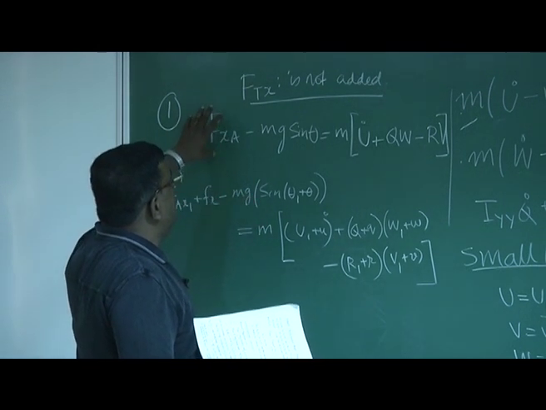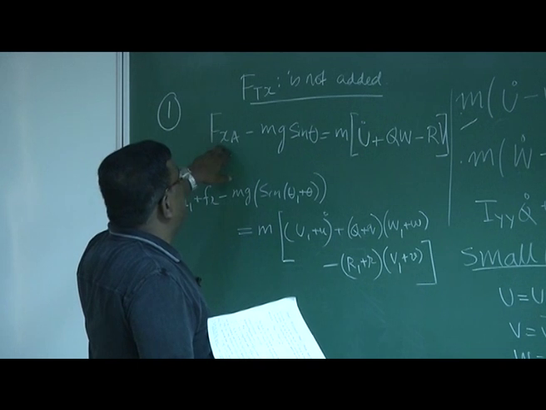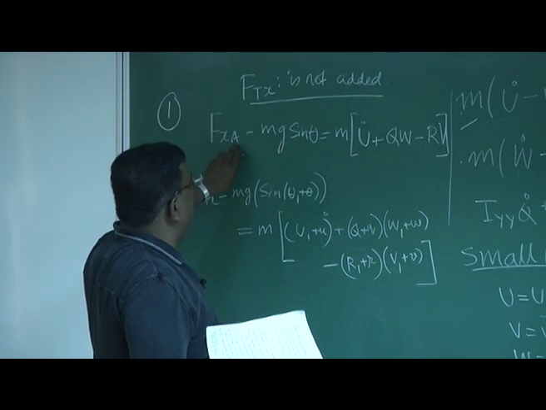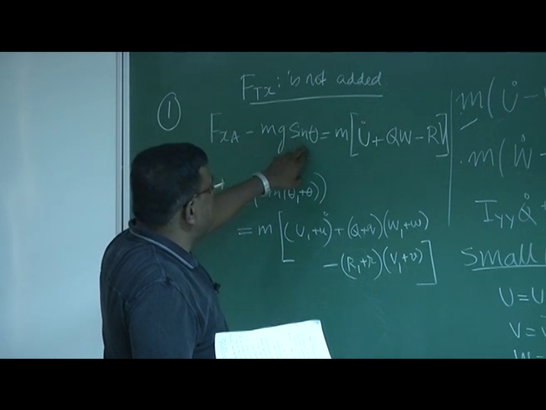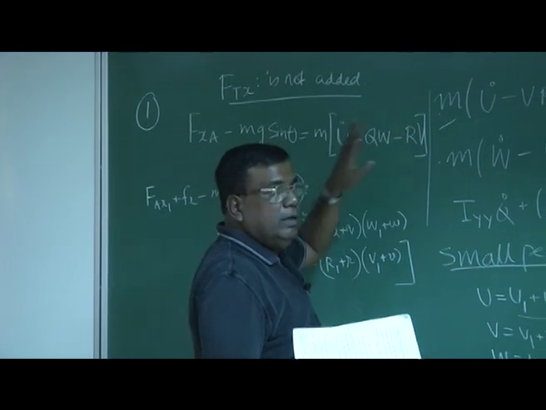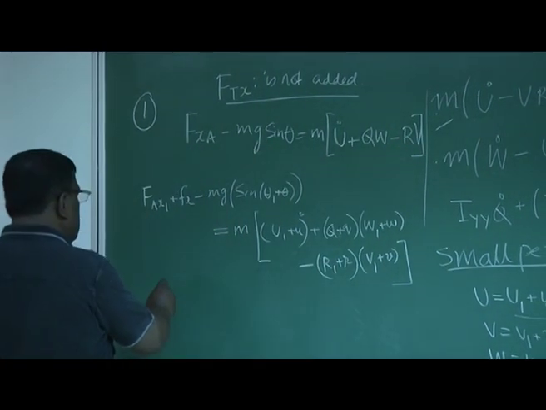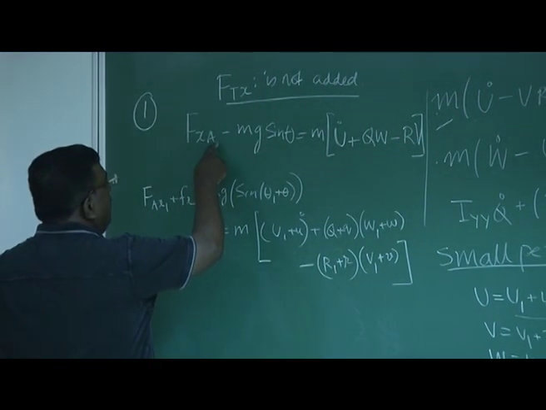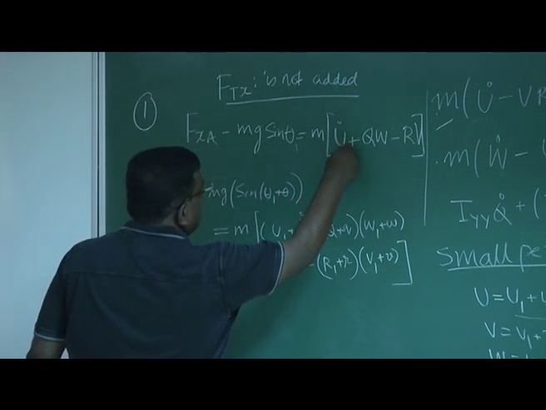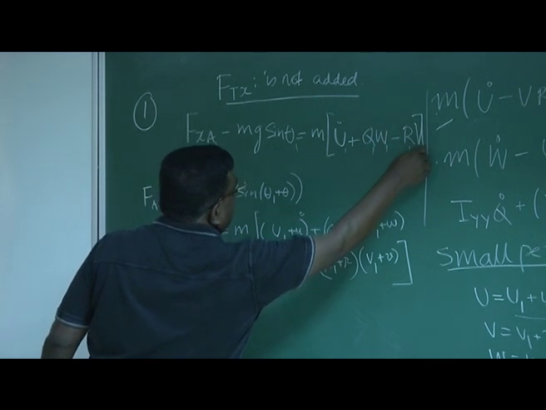Meaning thereby, the airplane was moving so that Fax was at steady state: Fax1 minus mg sine theta 1 equal to m(u1 dot plus q1 w1 minus r1 v1). That was the condition at steady state. All these quantities were at steady state: Fx1, sine theta 1, u1, q1, w1, r1, v1.